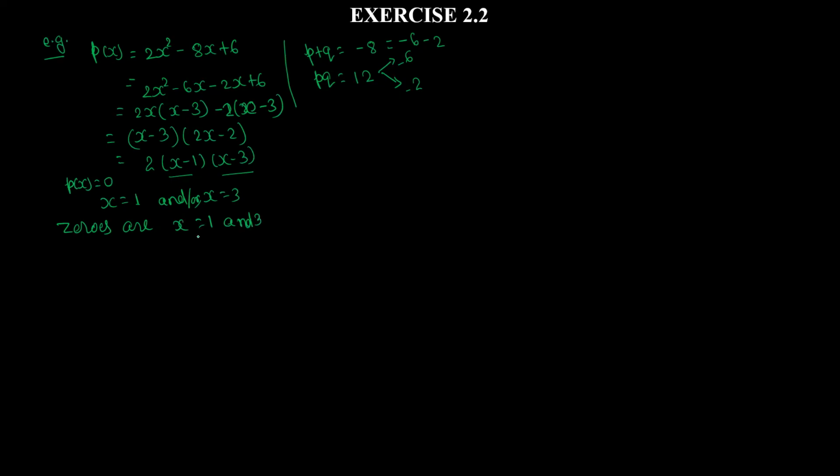Now we are trying to find the sum of zeros. Sum of zeros is 1 plus 3, equal to 4. This we are going to write in terms of coefficients. Generally, this should be equal to minus b by a.